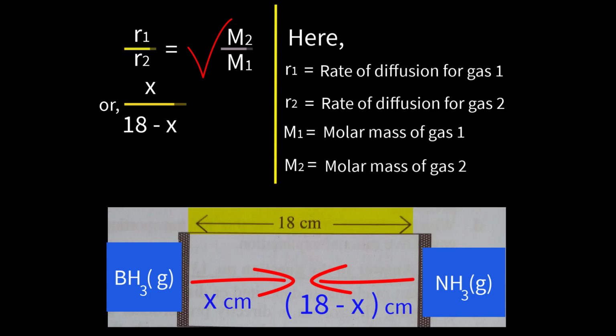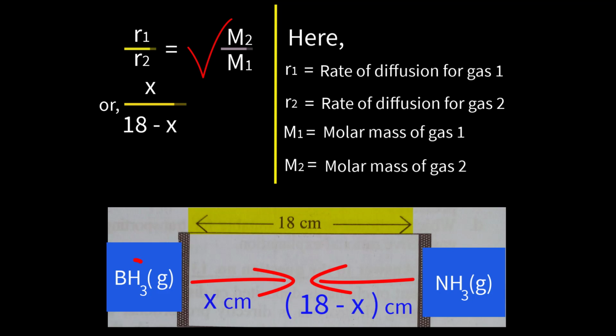Now we will determine the value of M1, that means molar mass of gas 1. A little while ago we considered BH3 as gas 1. Atomic mass of boron is 11.